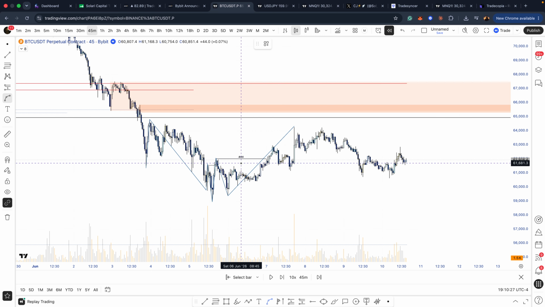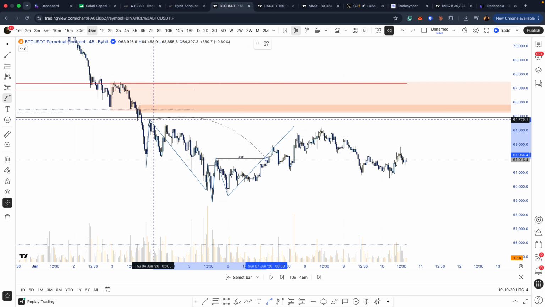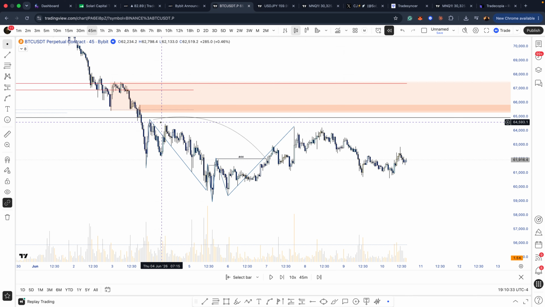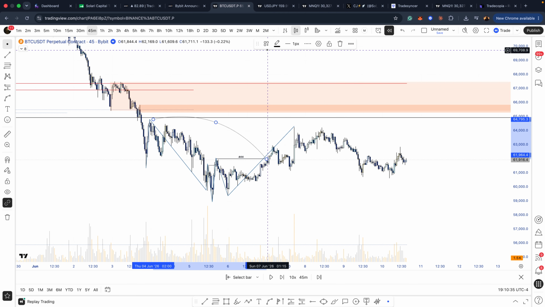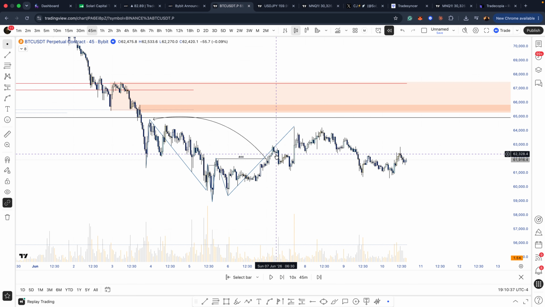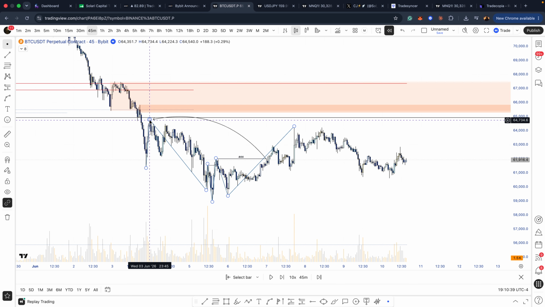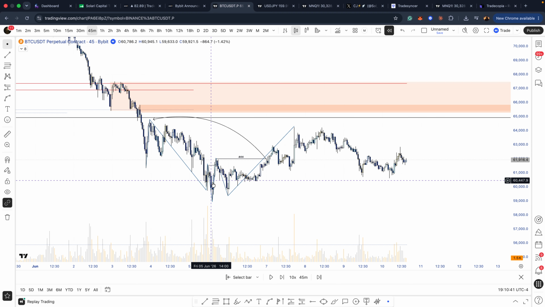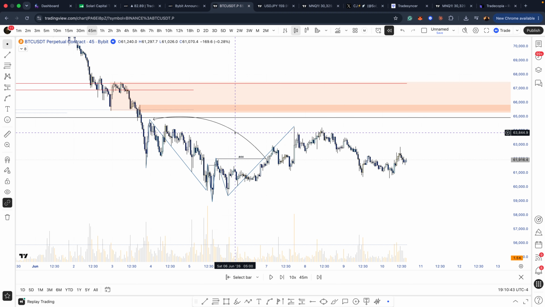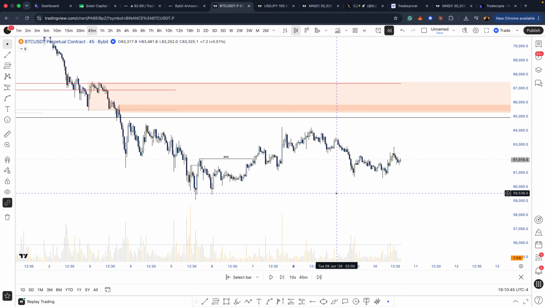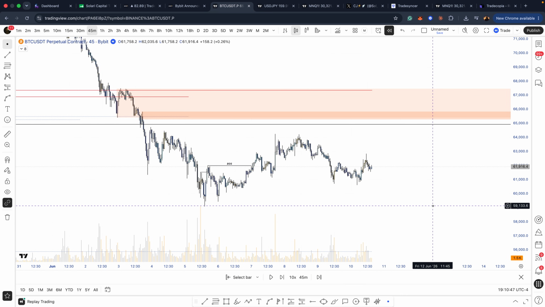So this break of structure should confirm a rotation to this high, at least. It doesn't always happen, but you can be operating with that order flow in mind.